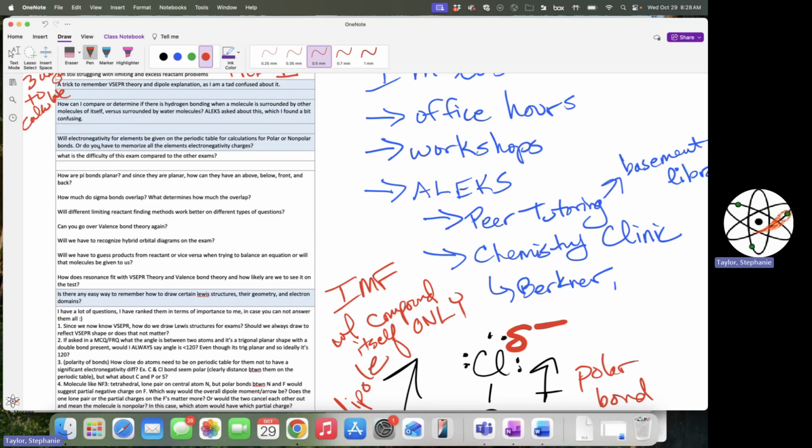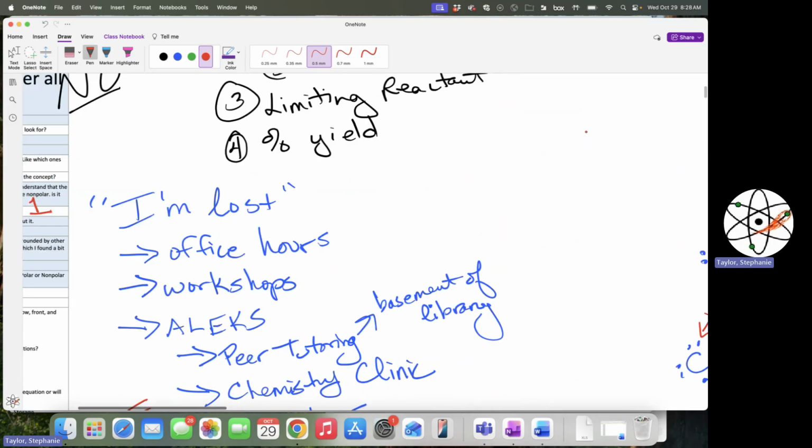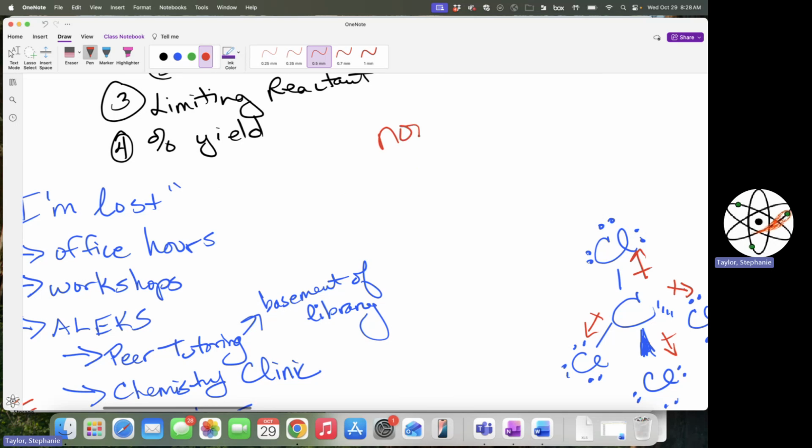Will electronegativity for elements be given on the periodic table? No. So the way we expect you guys to know if something is polar or nonpolar is essentially it's nonpolar if it's the same element or if it's carbon and hydrogen.